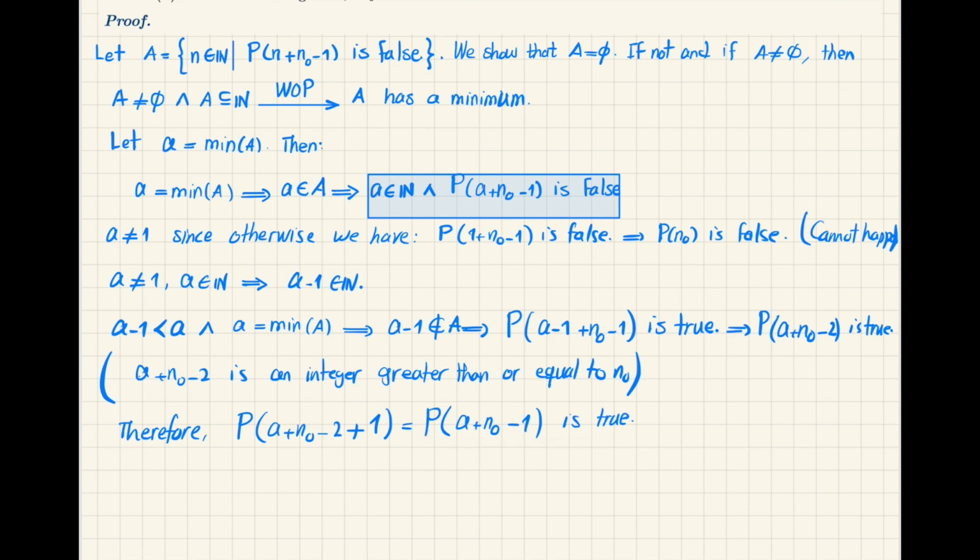So this contradicts the statement p of a plus n node minus 1 is false.